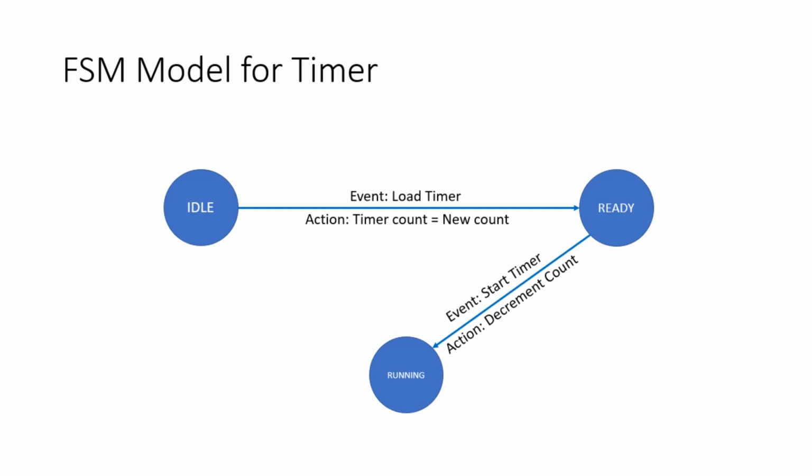From the running state, if the timeout flag is set, meaning the timer has finished the count, or the timer expires in any case, because there can be interrupts in the program also, basically what I'm trying to say is, if there is some interrupt calling for this timer, or it has finished 10 seconds or 5 seconds, whichever the application is, then it should go back to the idle state.